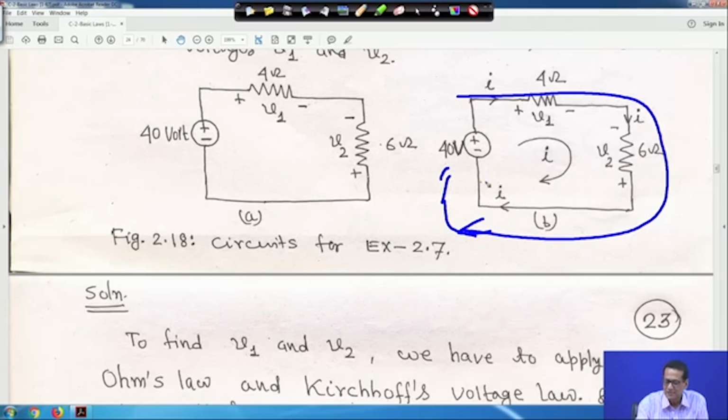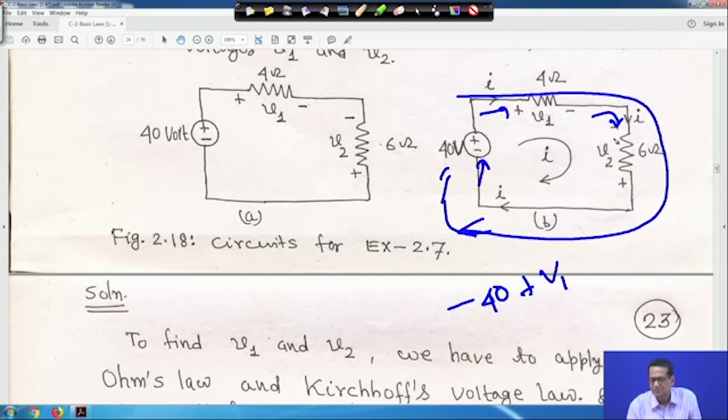If you move clockwise, first you encounter the minus terminal of the 40 volt source, so it will be minus 40. Then, moving clockwise, you encounter the plus terminal first, so it will be plus V1. Then you come here and encounter the minus terminal first, so minus V2 is equal to 0. So, minus 40 plus V1 minus V2 is equal to 0.